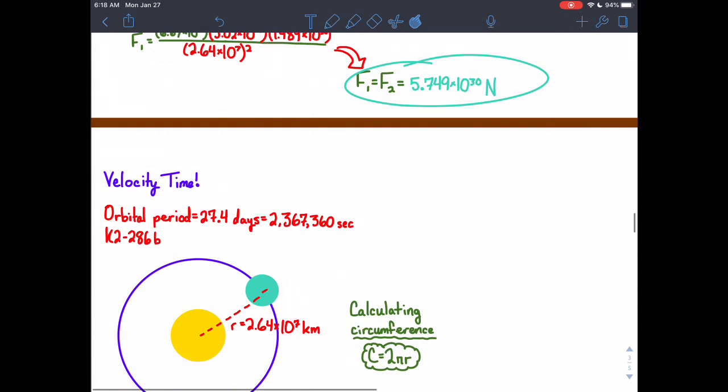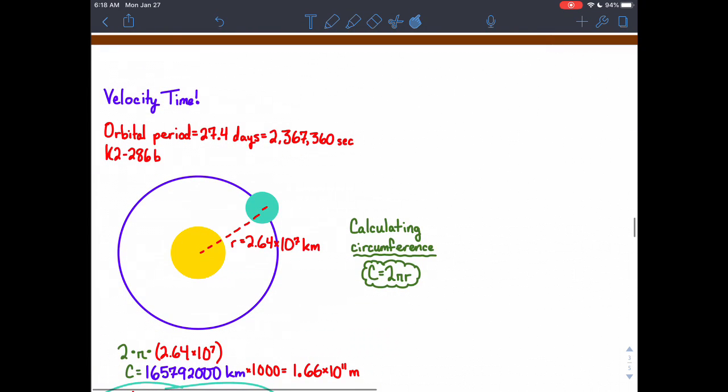Now, down here, I have another equation, and this one is trying to derive the velocity. I don't know why I wrote velocity time, it's just velocity, but I'm deriving the velocity that the planet K2 286b has to take around the central star, which is not the sun actually. It's just a central star.